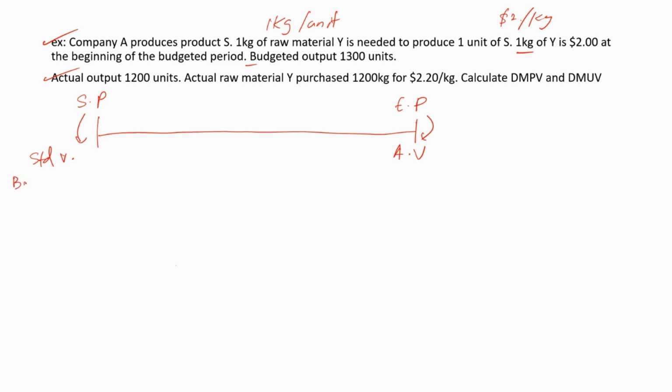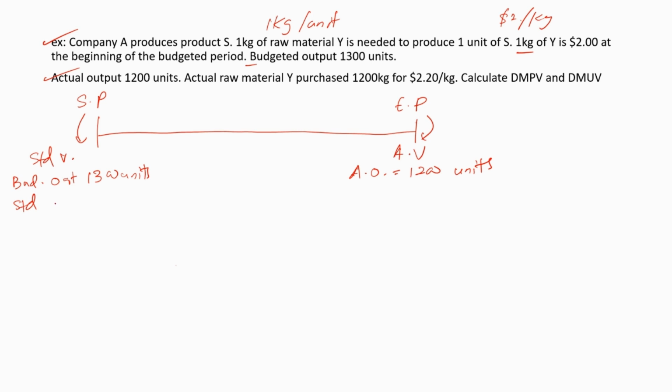So budgeted output 1300 units, whereas actual output is equal to 1200 units.